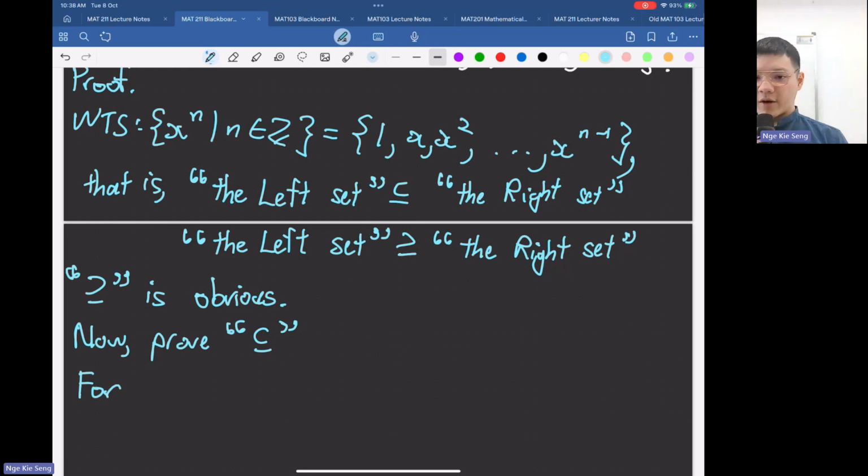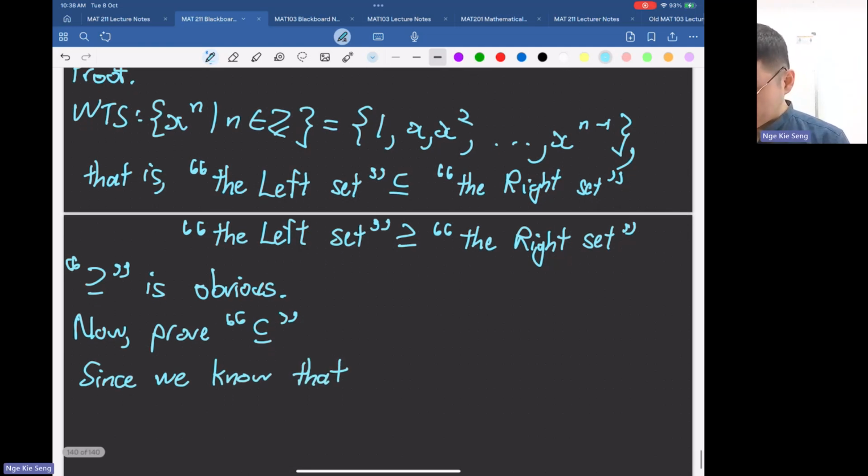Let's start with, okay, how should we put it? Since we know that 1 up to x to the n minus 1 is in the right set.